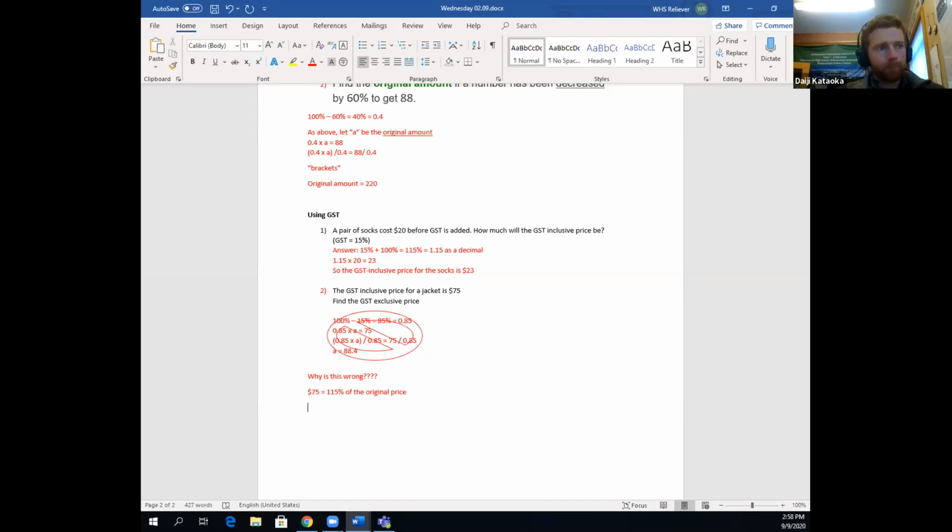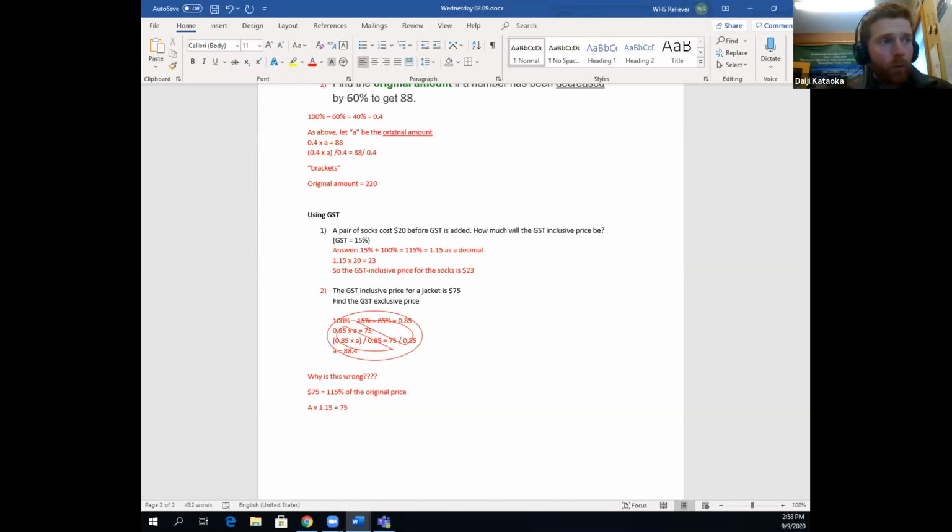So A times 1.15 equals 75. Do you agree? You see that? Yeah. And that makes sense to you? Yes. So this is the good starting place.